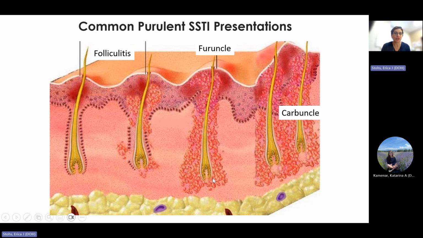That makes a larger bump and maybe more painful. It's called a furuncle. And then when it clusters, you see a bunch of these hair follicles infected, now involving its neighbors. This will be even larger, and a bumpy pus pocket may be forming on the surface. Larger ones that involve multiple hair follicles would be a carbuncle.